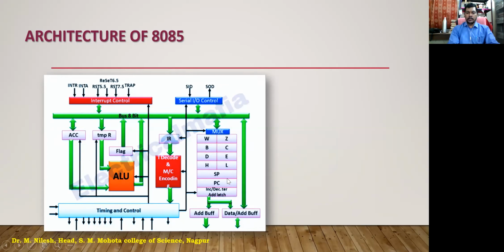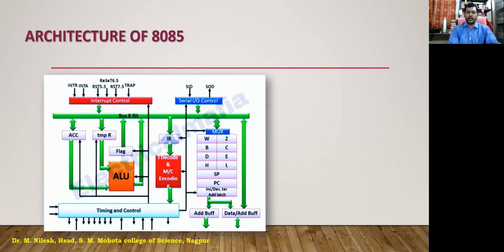And the next one is the SP, that is the stack pointer, where the address of the stack is stored. I will let you know as we proceed further. And then this is the program counter. They are going to keep 16-bit addresses. The stack pointer takes a 16-bit address, and the program counter monitors where the program is in the memory location.